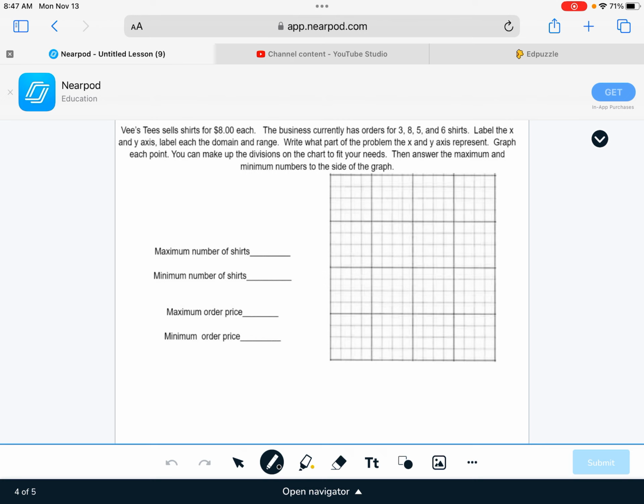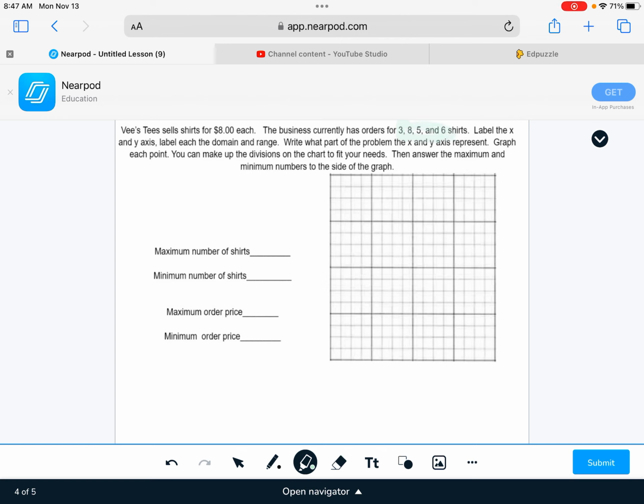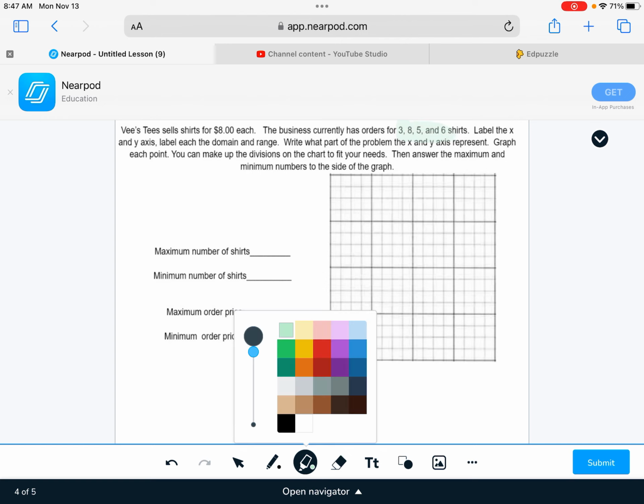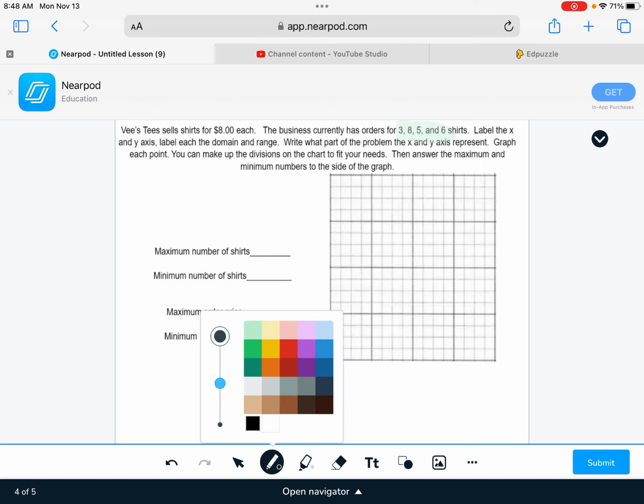Now, if I look really carefully at this, if I look at the minimum and the maximum, I'm actually looking for the orders here, okay? I'm going to say, okay, I have orders for 3, 8, 5, and 6. And if I look super closely, I notice that 3 is the lowest and 8 is the biggest.